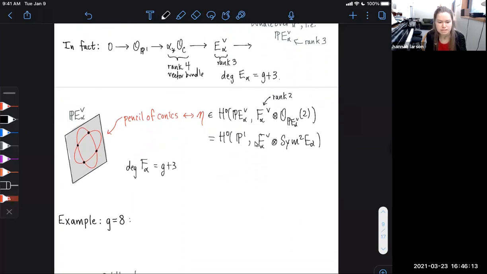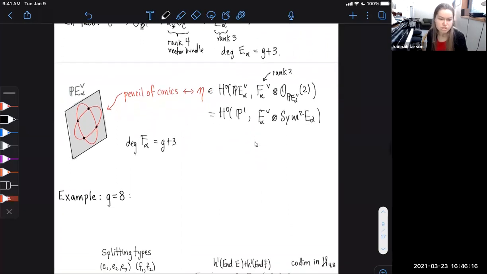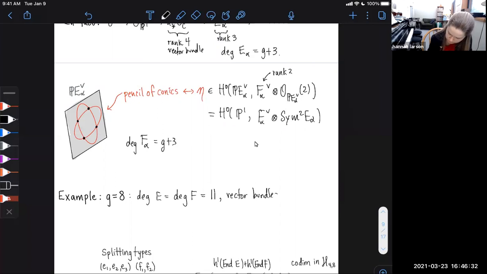So I'll explain this in the example when the genus is 8. So here, the degree of E and the degree of F are going to be 11. And these are vector bundles on P1. So they're going to split as a sum of line bundles.